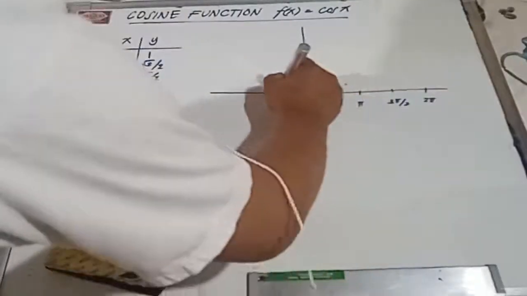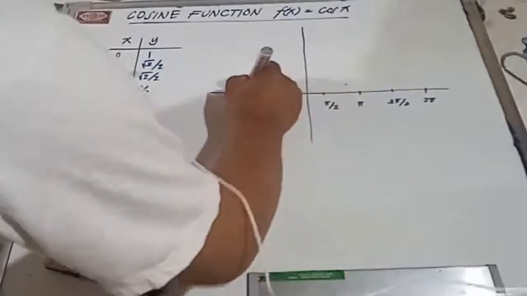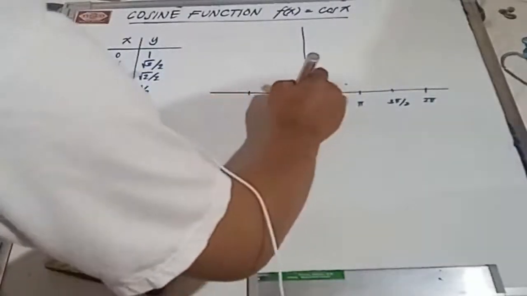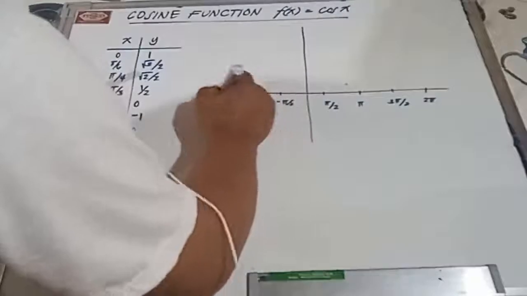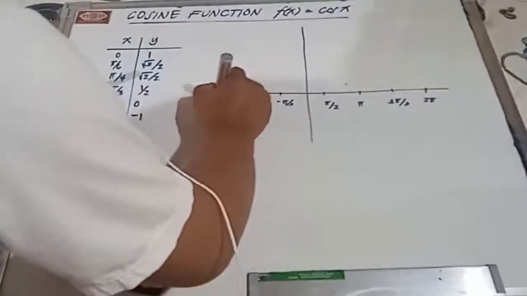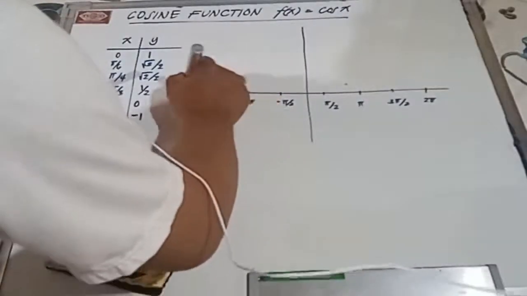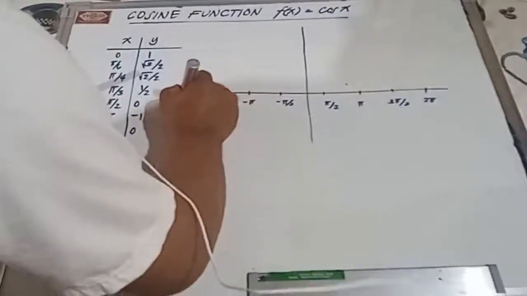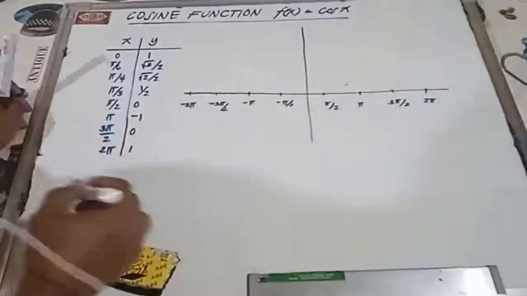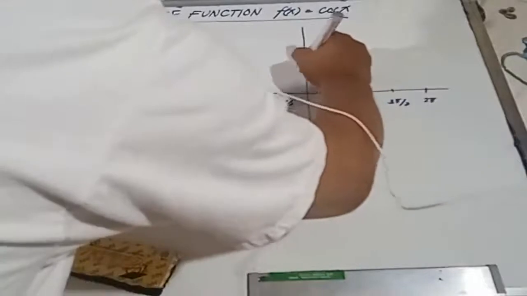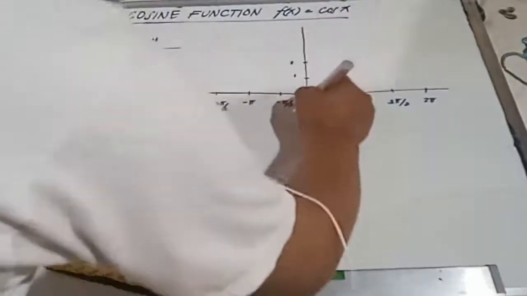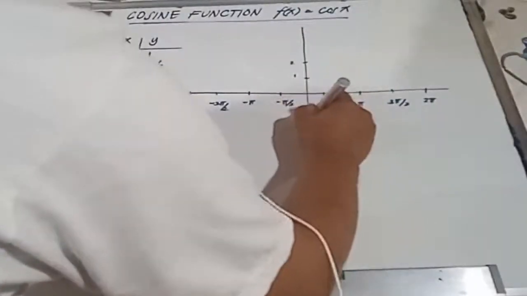Sa kabila is negative pi, negative pi over 2, negative pi, negative 3 pi over 2, then negative 2 pi. Sa taas naman, we have 1, 2, negative 1, negative 2.